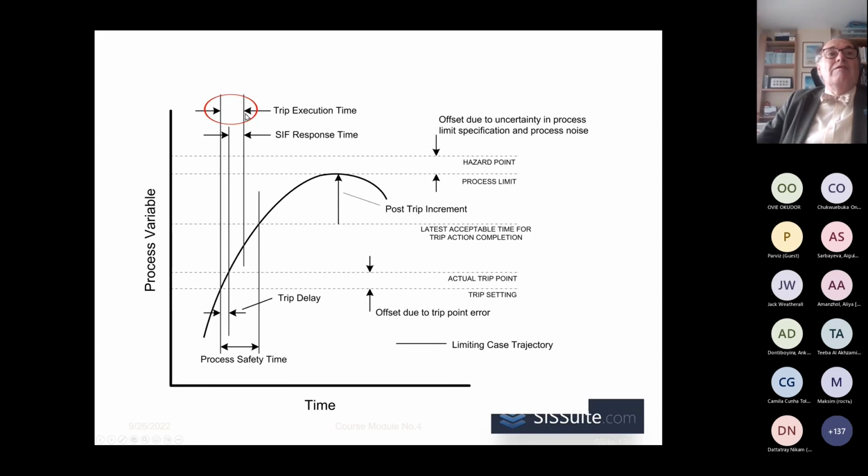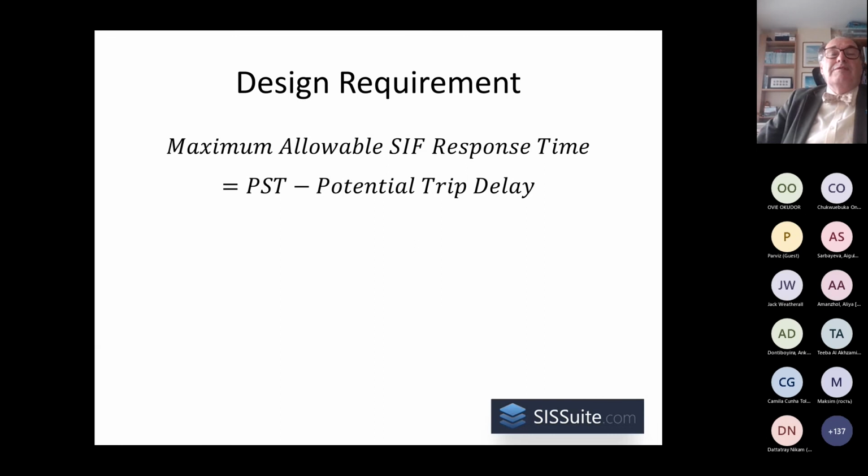And here we have the overall trip execution time from the nominated trip point through to the fully executed SIF. So the design requirement that flows from this specification of process safety time is that the SIF response time should not be greater than the process safety time minus the potential trip delay.